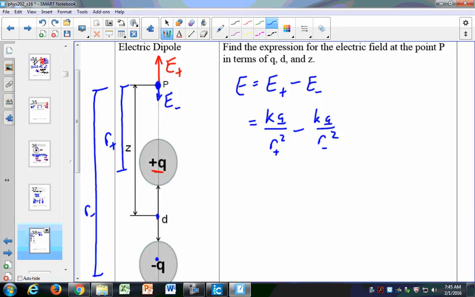Notice that I haven't included the sign here. They're equal but opposite charges, but I don't include a negative to represent that this charge is negative. That's because the negative is already accounted for when I draw the vectors.